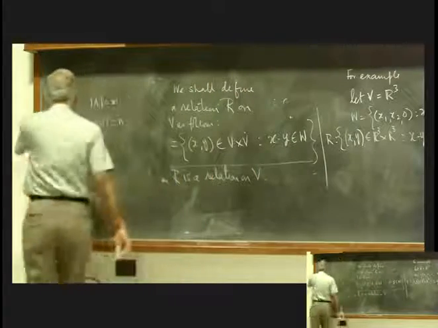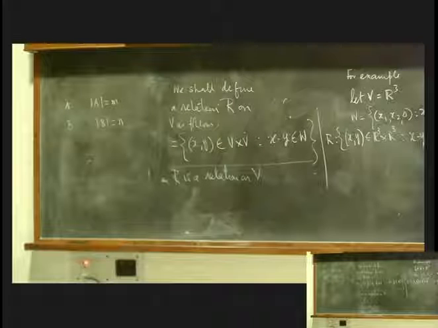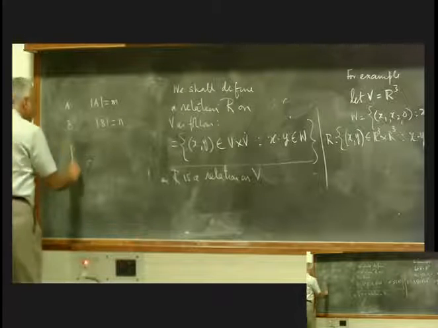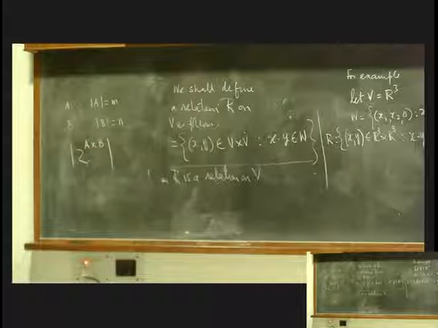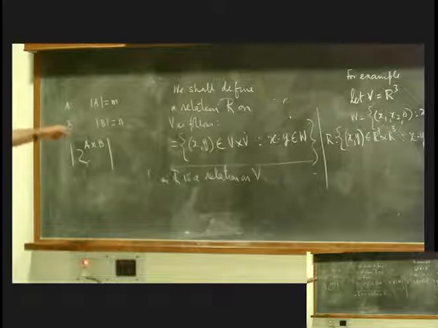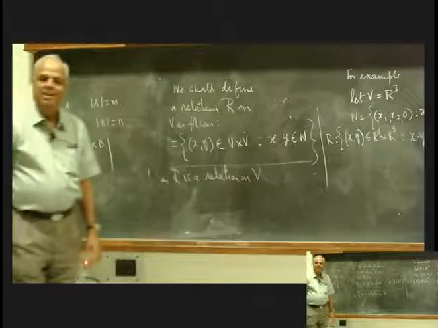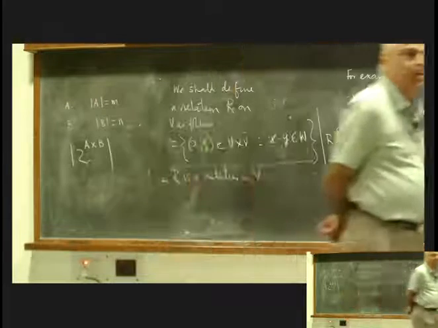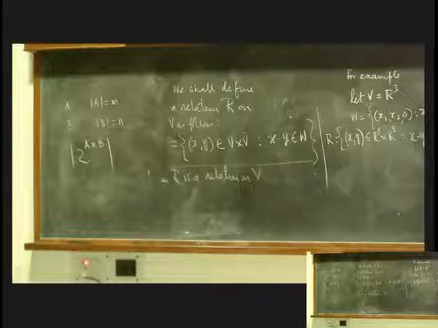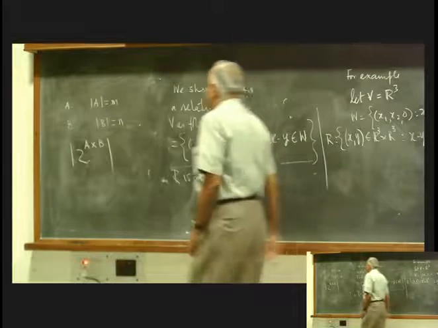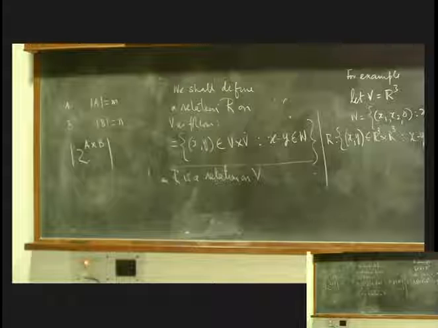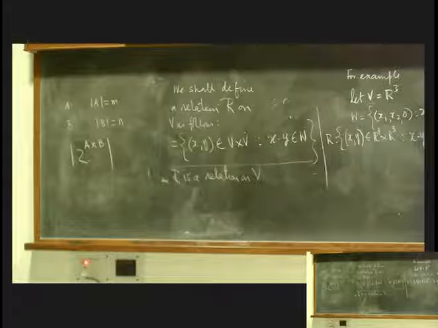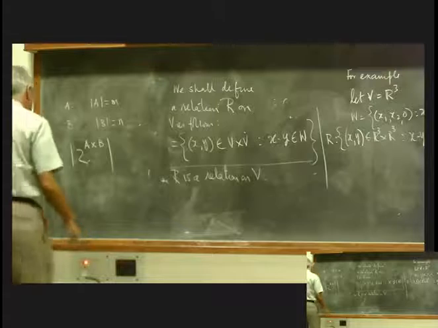Every subset of A cross B will give me a relation. So it depends on the size of this. What is A cross B size? MN. So 2 power MN. Are you convinced? But the moment these become infinite sets, there is a crazy number of relations possible, infinite number of relations.